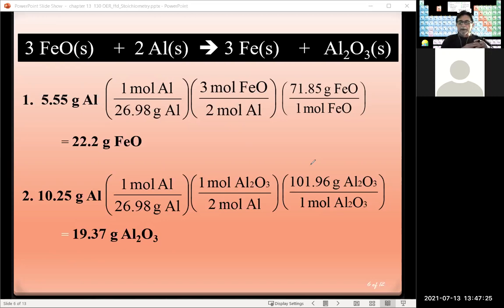Then the atomic mass, molar mass, or atomic weight of what you're looking for is put in there, and you end up with grams of what you're trying to find. Okay. So like I said, you have at the minimum 3 conversion factors. Okay. And all of them go through moles. That's the key part. You got to get to moles.